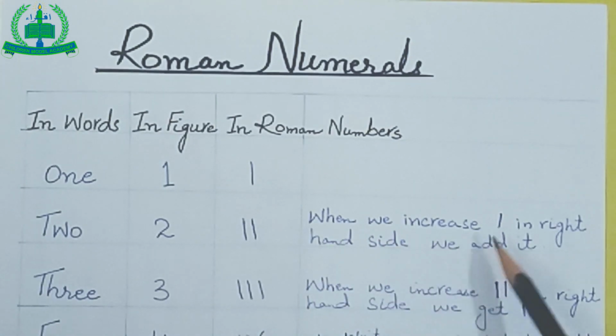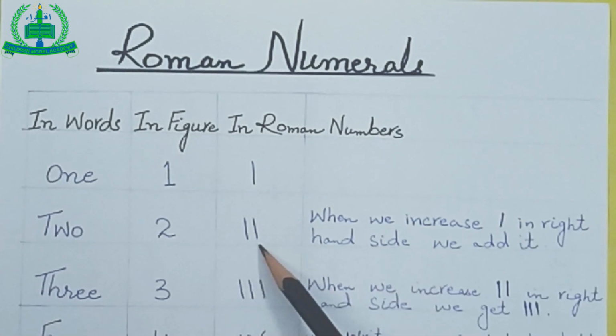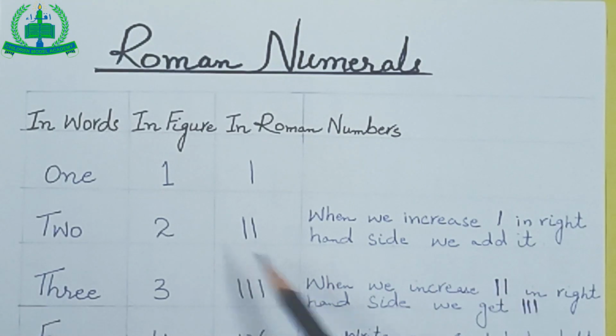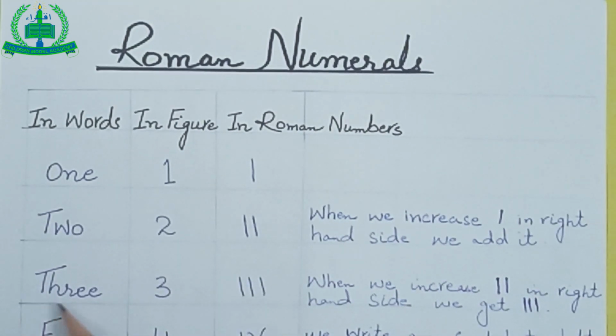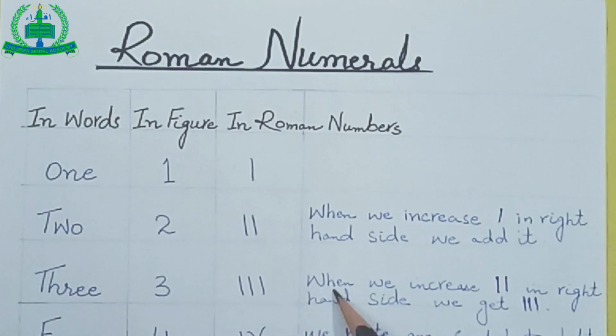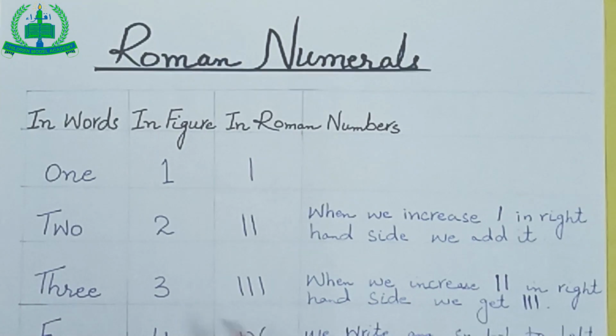When we increase I on the right hand side, we add it. 3, III. When we increase I on the right hand side, we get 3.